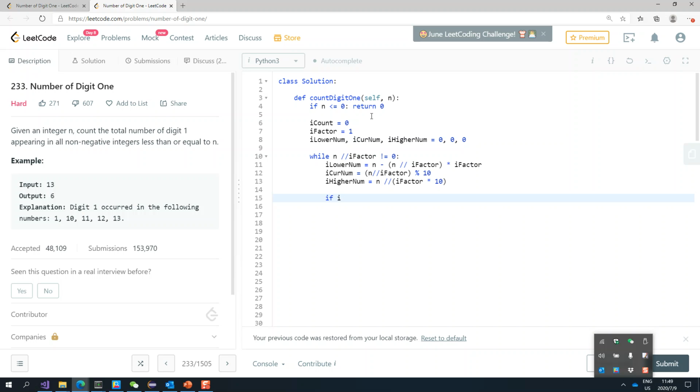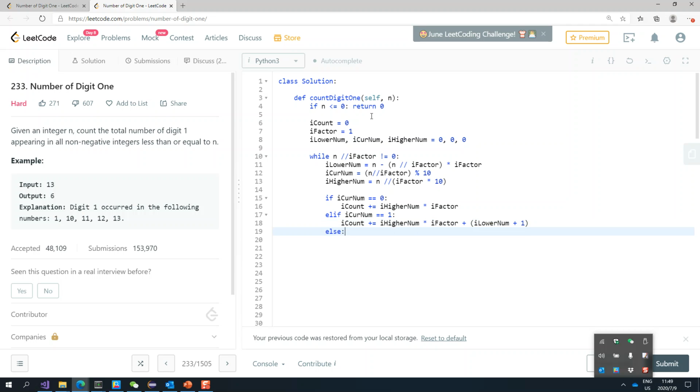So three conditions. If the current number is 0, then the count should be plus equal to the higher number times the factor. Right, it's correct. If the current number is 1, it's the same higher number times the factor, but plus the lower number plus 1, right?